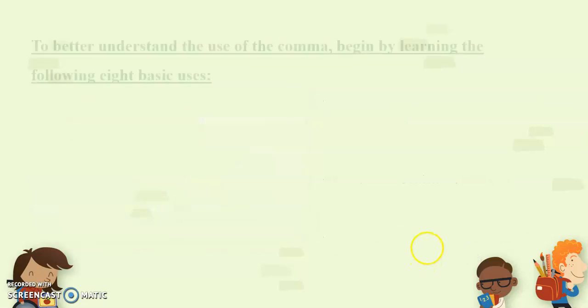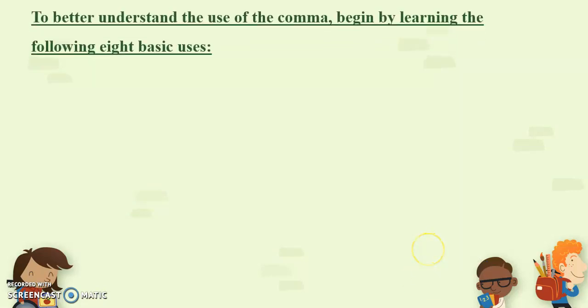Now let's move on. To better understand the use of the comma, begin by learning the following 8 basic uses. 1. Use a comma to separate independent clauses. Do you remember independent clauses? We said before that independent clauses are clauses which can depend on themselves. They don't need any additions to be understood, such as, I ate an apple.